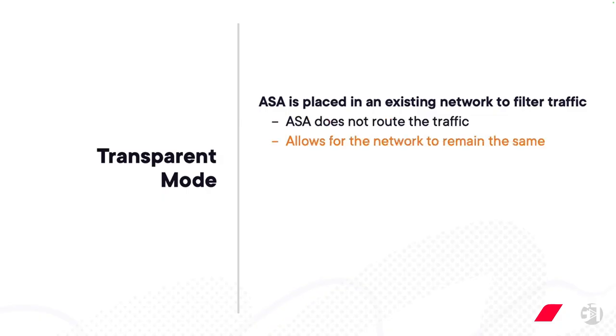The ASA is just dropped in line into an existing network, and since it doesn't route the traffic, the network does not have to be reconfigured and a new IP scheme created. Transparent mode can be referred to as a bump in the wire, since most devices will not realize that there's a transparent ASA, even though it is still inspecting and processing traffic.